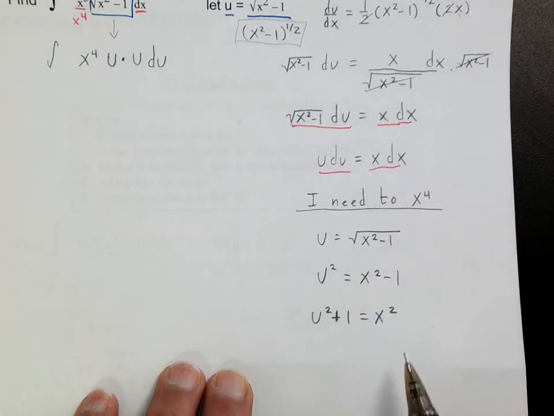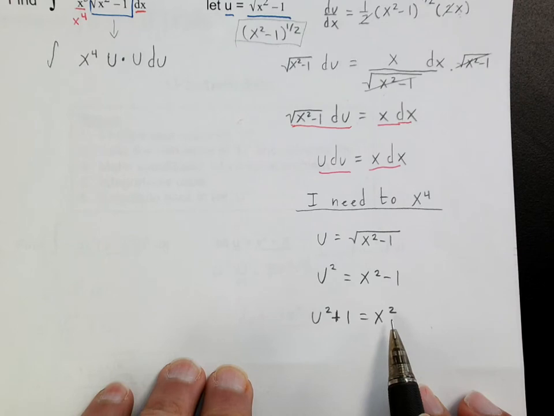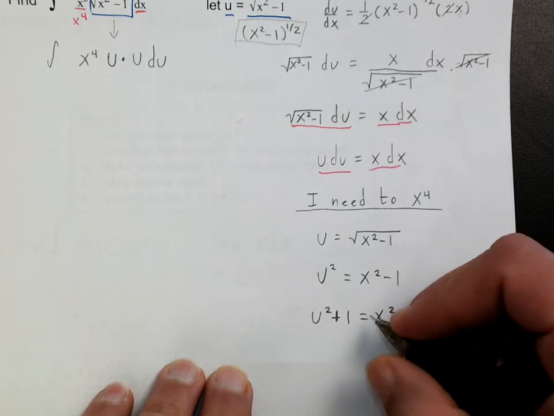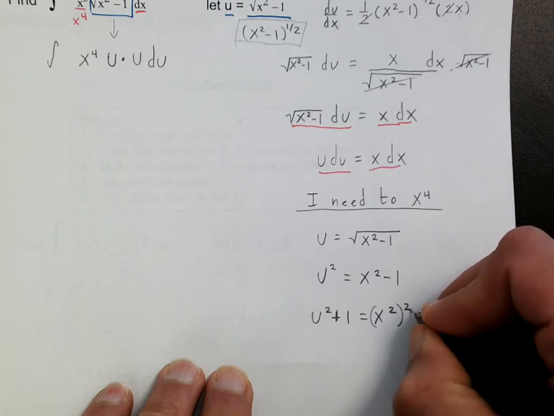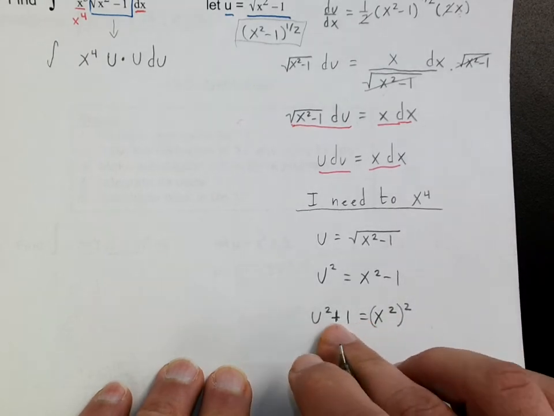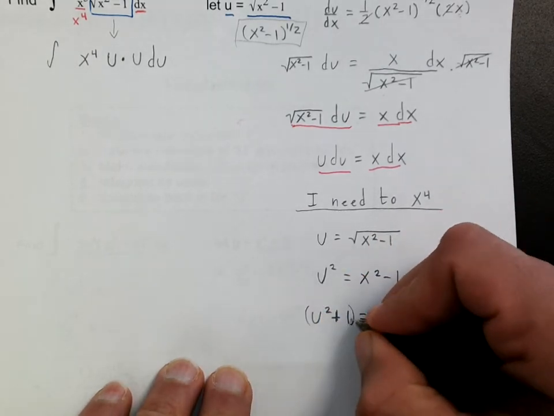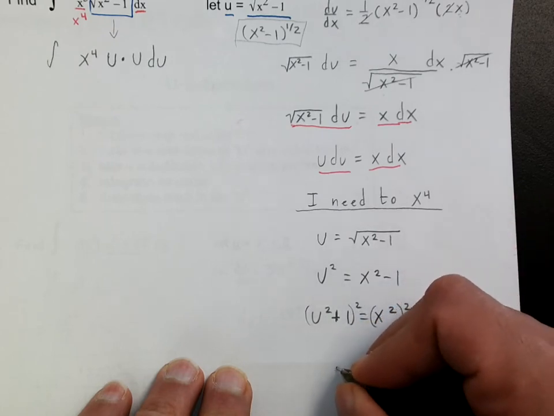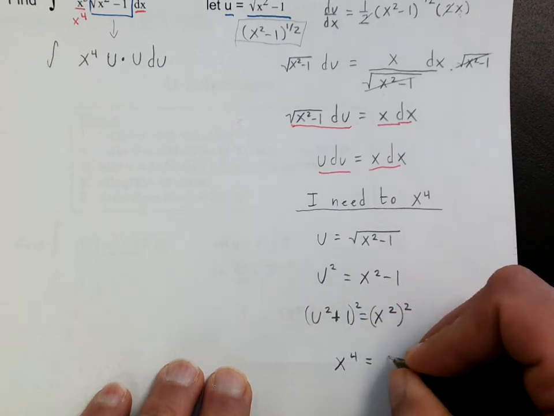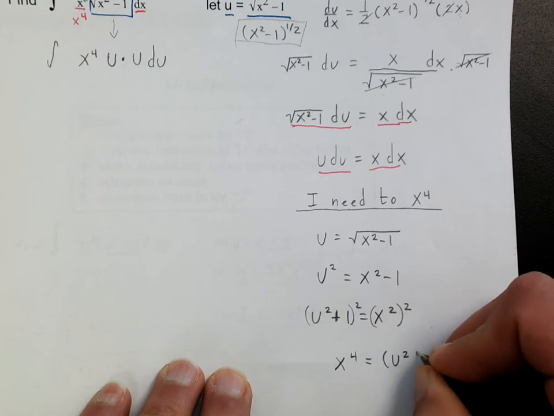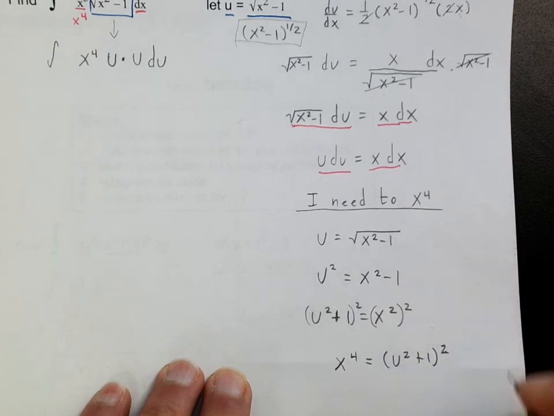Now notice that I need an x to the fourth power, and I have an x squared. So in order for me to get an x to the fourth power on this side, I have to square this. But if I square this, I also have to square this. So that means that x to the fourth power is equal to u squared plus 1 squared.